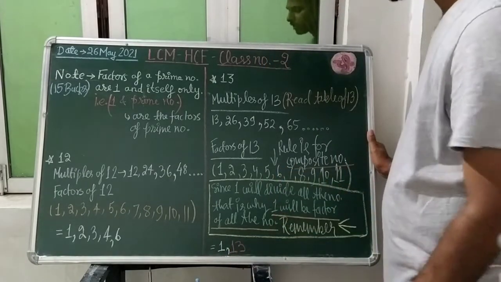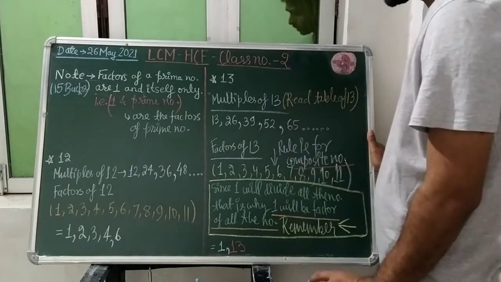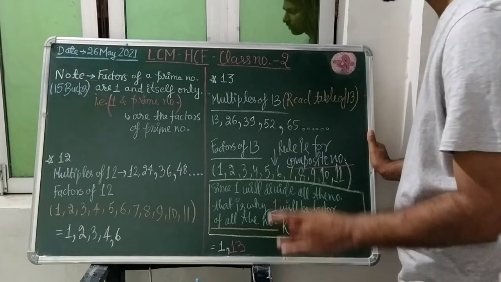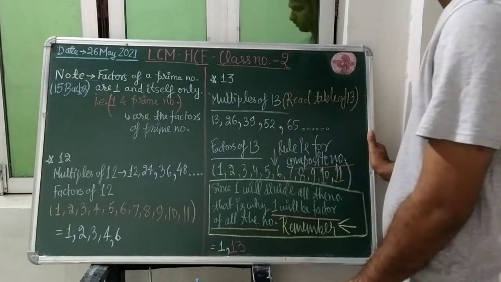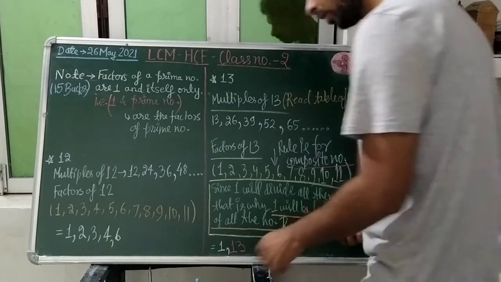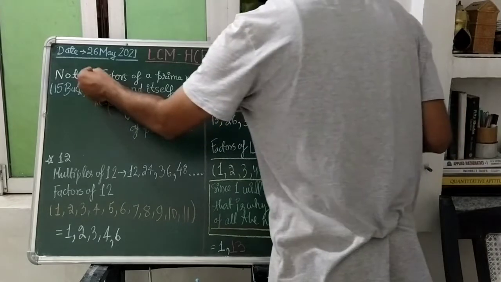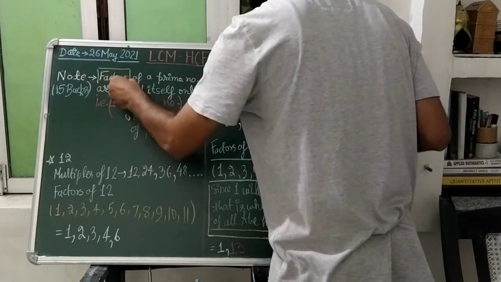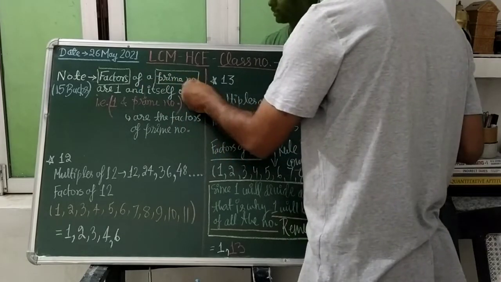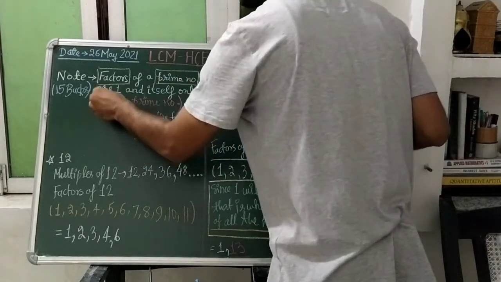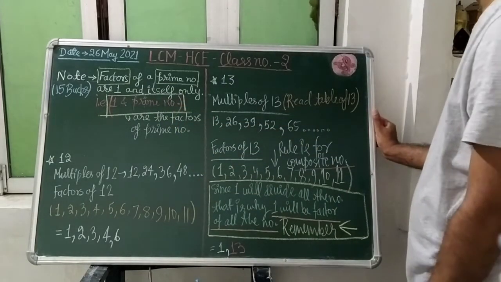Whenever we look at any prime number, the factors of that prime number will be 1 and the number itself.